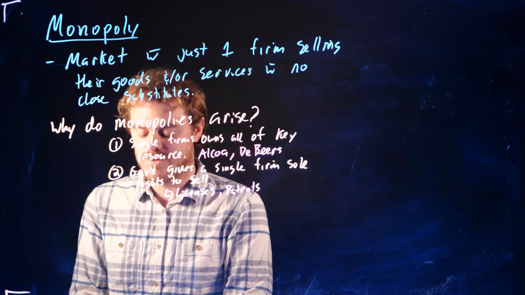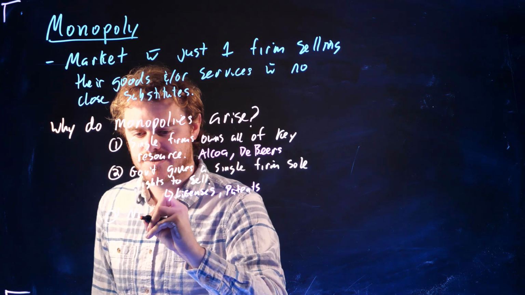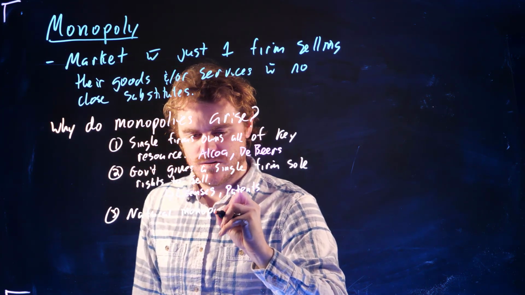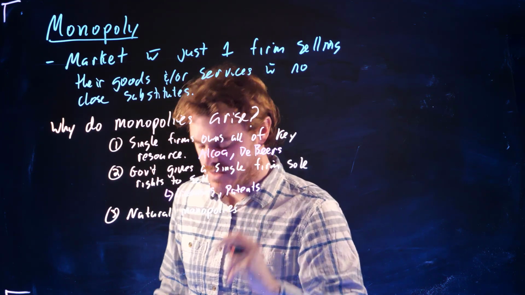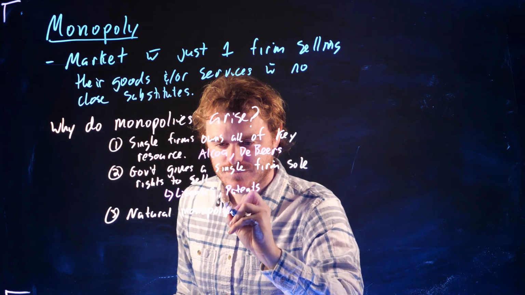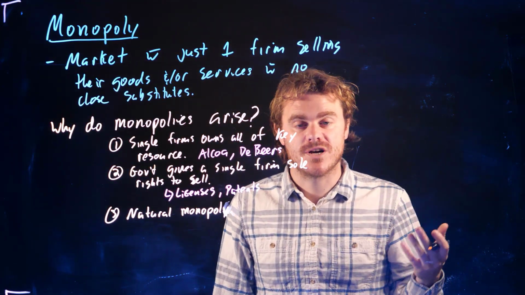And the third reason why we might see monopolies arise is going to be natural monopolies. And so what a natural monopoly is, sometimes there's huge fixed costs.